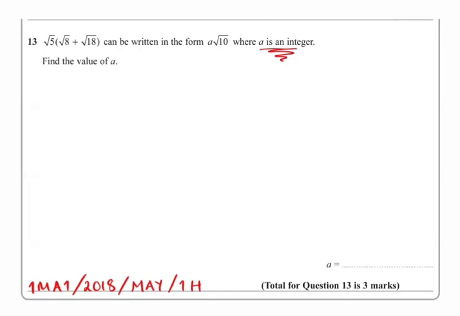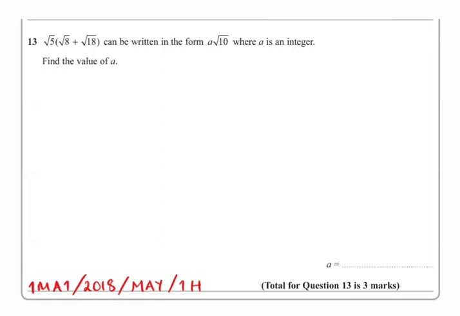What is an integer? An integer is a positive or negative whole number. So you want to make sure that once you're done finding the value of a, it must be an integer. All right, so let's get started.